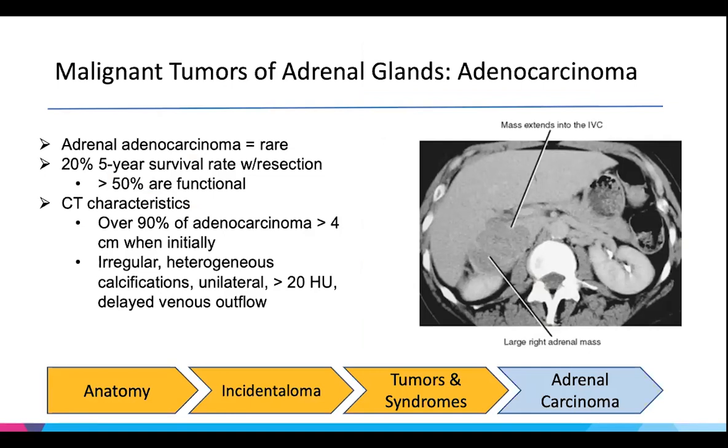CT characteristics you would see with adenocarcinomas: over 90% are going to be greater than 4 centimeters, which is, again, why 4 centimeters is going to be an important number for us for workup of adrenal tumors. They'll be typically irregular, heterogeneous calcifications, usually unilateral and greater than 20 Hounsfield units, and will have delayed venous outflow.